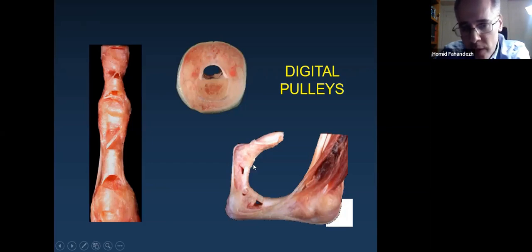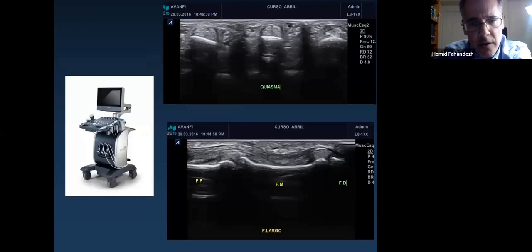This is why we don't see bowstringing when we bend the fingers. As I said, if we have the anatomy in our head, it will be really easy to check it with ultrasound in both planes.